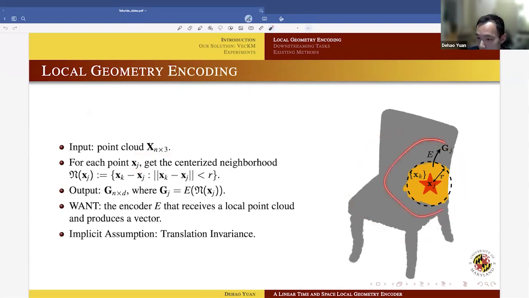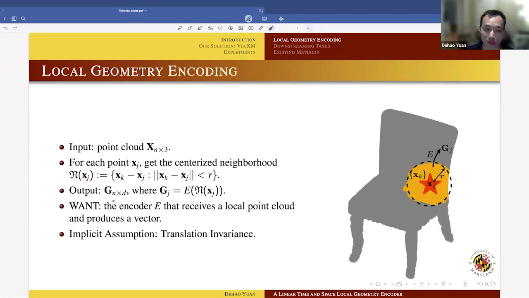Let's say the red star is xj, and you draw a ball with radius r and collect all the points within this ball, which gives a collection of xk. Then you centerize the xk by subtracting xj from them, subtracting the center point from the neighboring points.